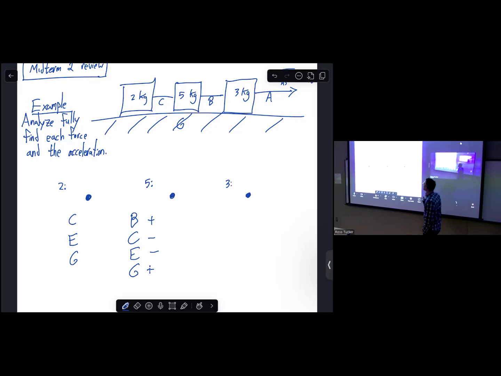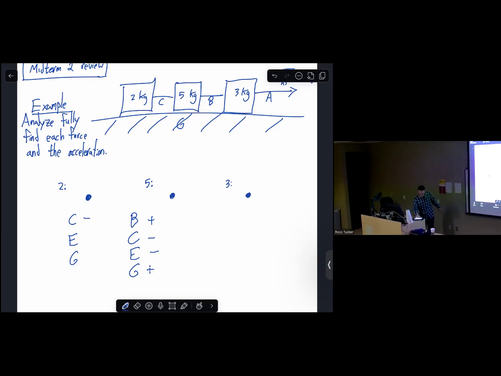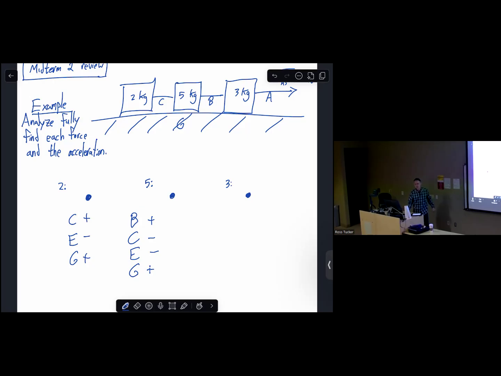Does it feel reasonable that a rope on the right side of the box is pushing that box backwards? I hope you would agree that no, ropes don't push. A rope on the right side of the box pulls the box to the right. It does not push the box to the left.